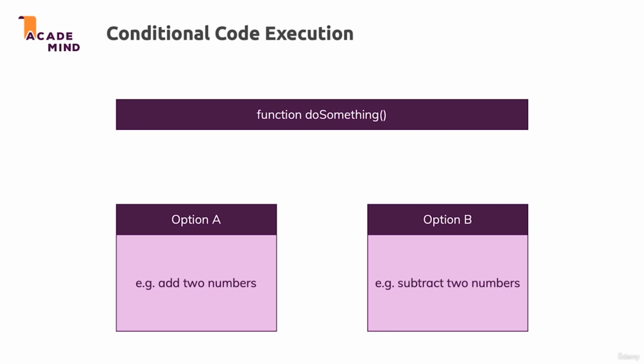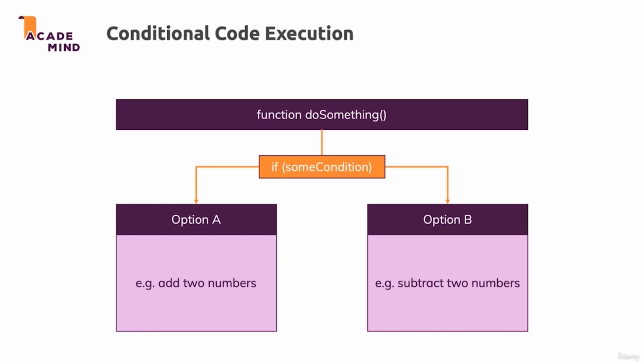And that's exactly what conditional code execution is about. You might have some program where you either want to run option A, so add two numbers, or you want to subtract two numbers. So you have some condition that needs to be met, and for this you can use a so-called if statement. If statements are a core construct not just in JavaScript, but actually in any programming language you can learn.